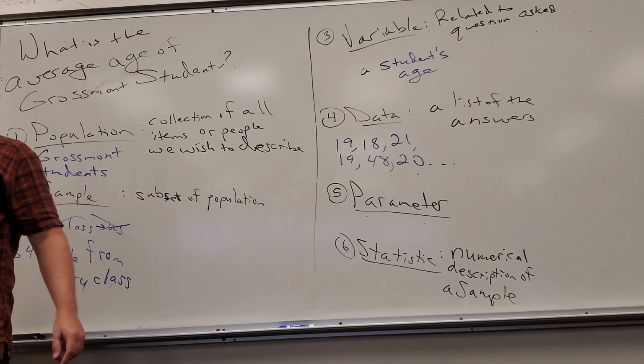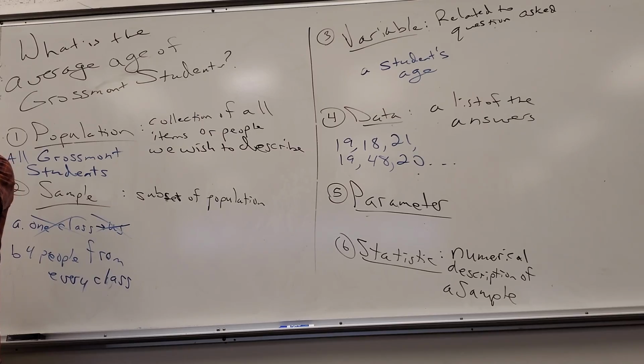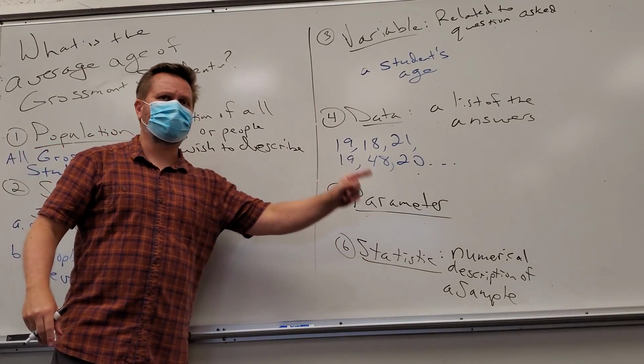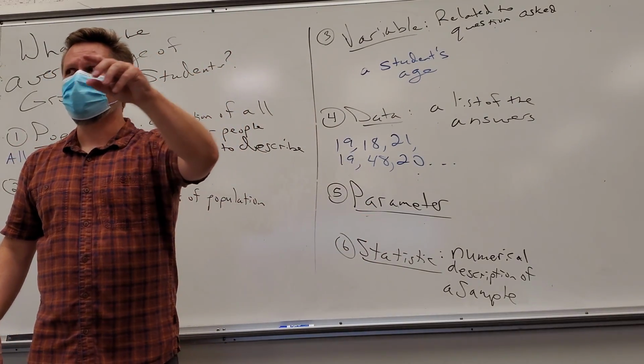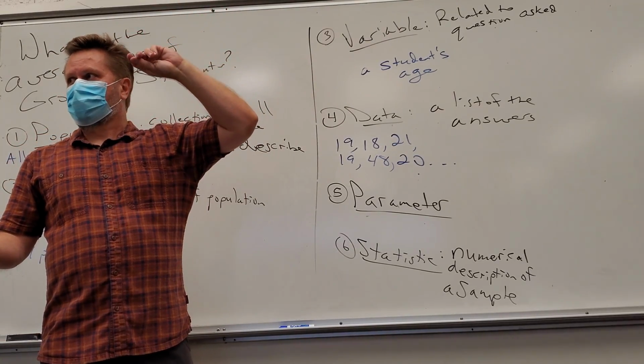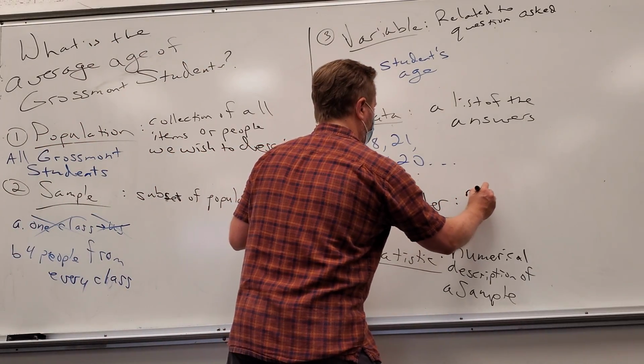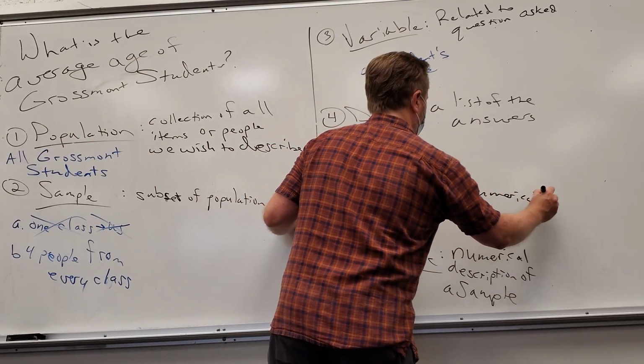Parameter. But you got quiet and I thought I had it right. Okay. That's all right. It could be a percentage. So since you said that, this is nice. Parameter and statistic could both be a percentage or, in this case, an average, right? So parameter would be a numerical description of a population.